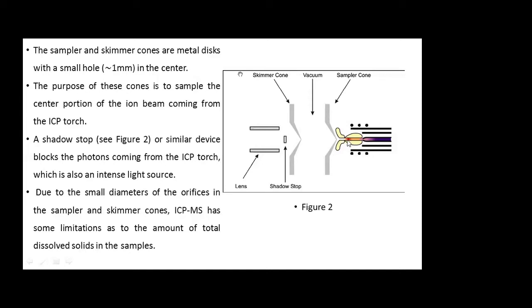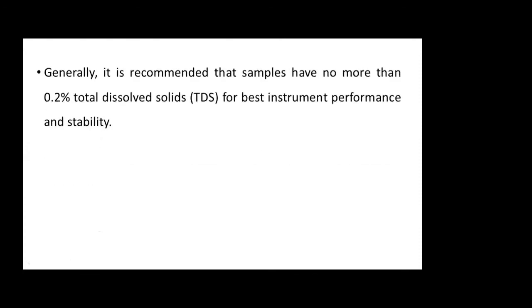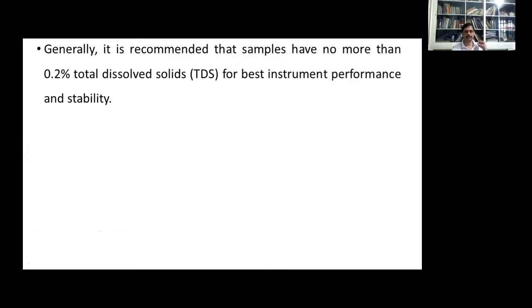Only a selected amount of the sample is allowed to pass through the small aperture. Generally, it is recommended that samples have no more than 0.2% total dissolved solids for the best instrument performance and stability. This is something that you have to remember.